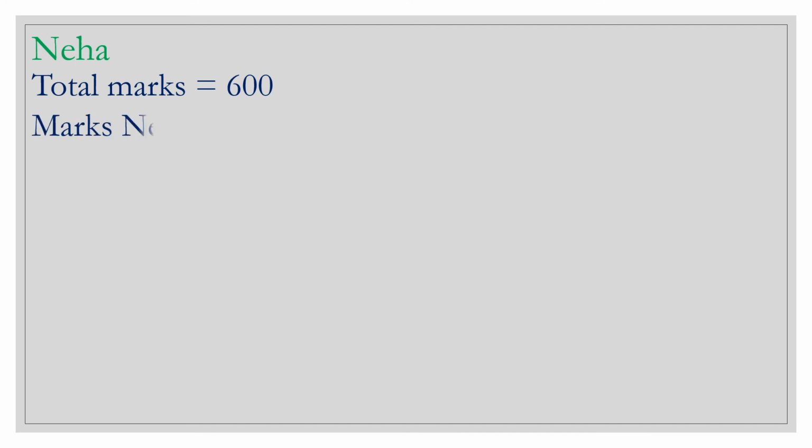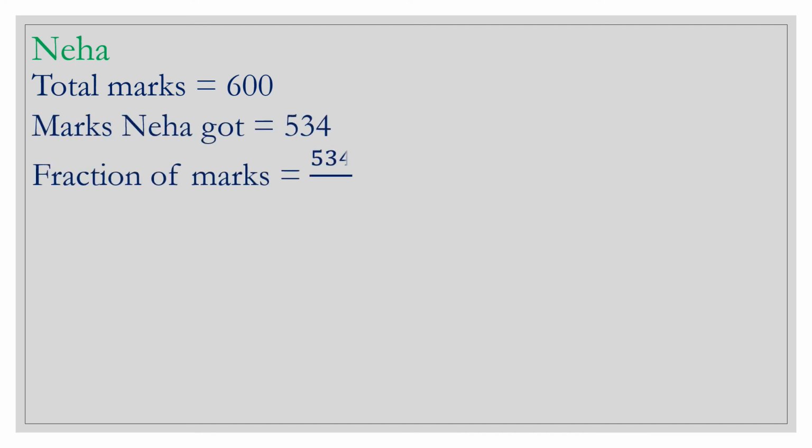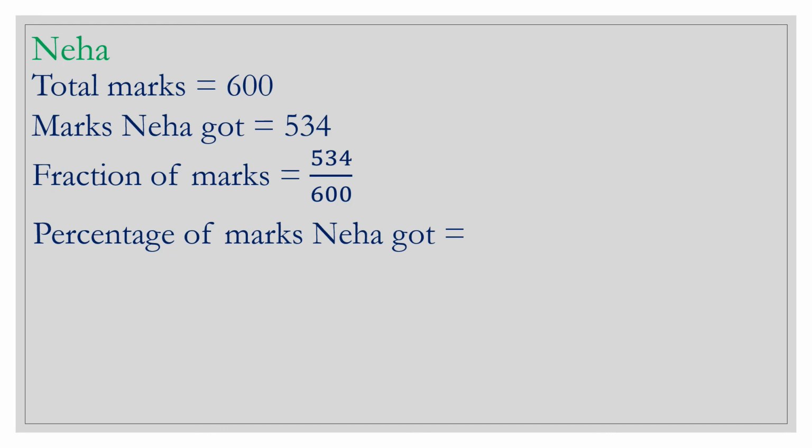We will find out the percentage of marks Neha got. See, total marks is equal to 600 and marks Neha got is equal to 534. So fraction of marks is equal to 534 upon 600. Now convert into percentage. So percentage of marks Neha got is equal to, write down 534 upon 600, multiply by 100 in bracket and put the percentage symbol. Now simplify.